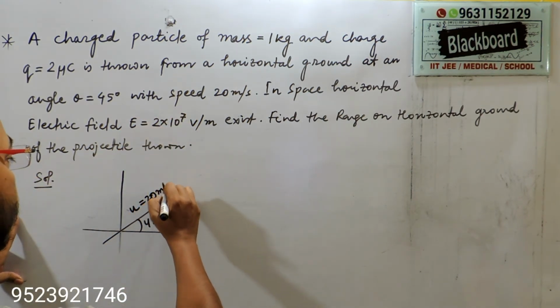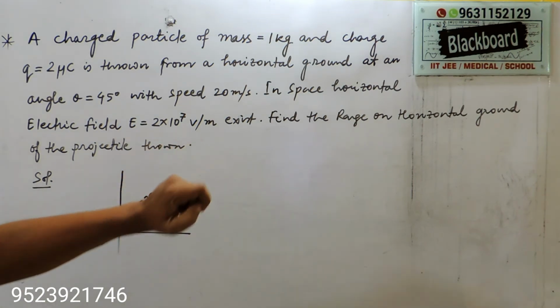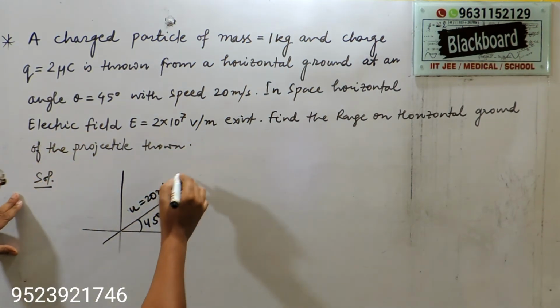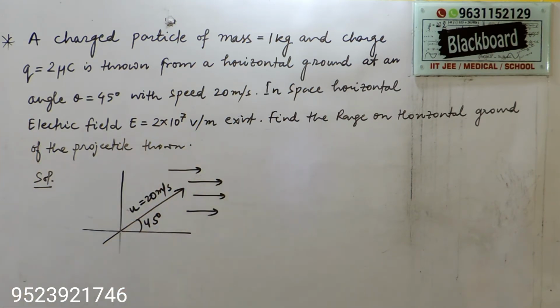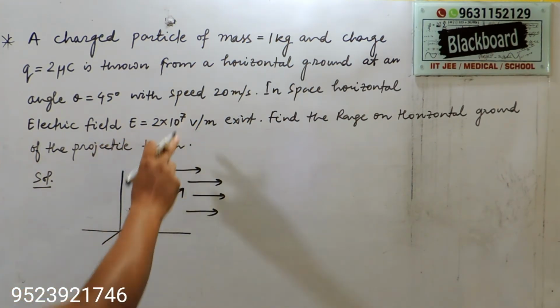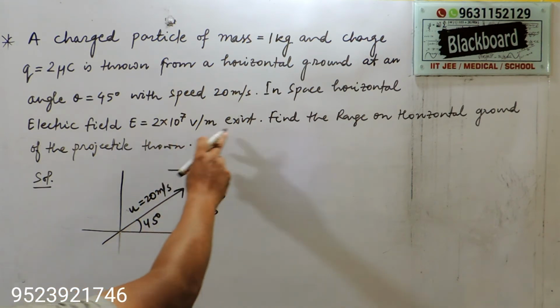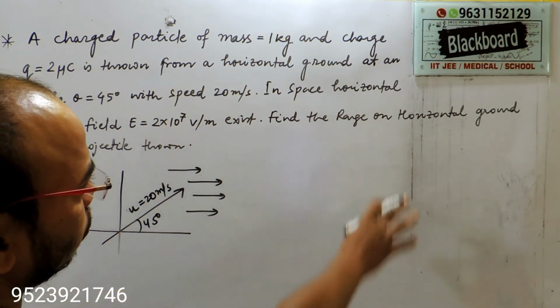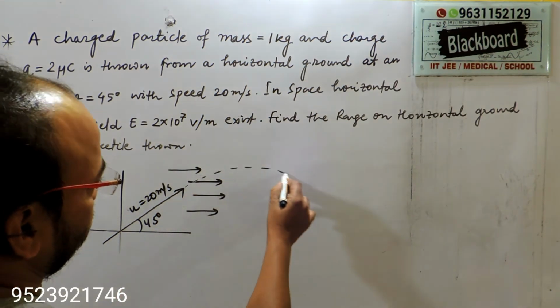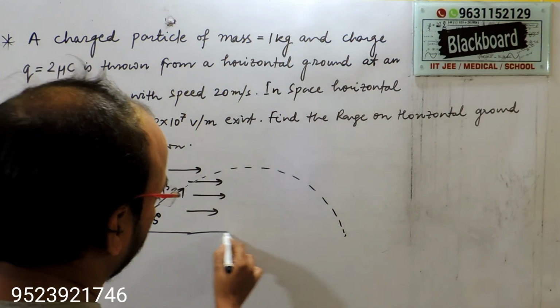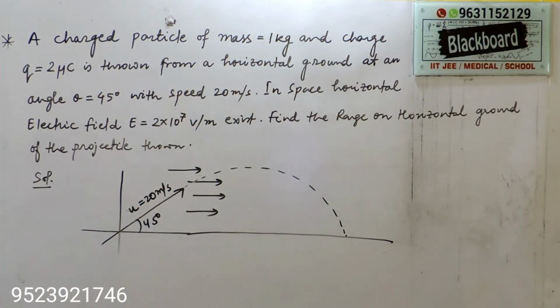In space, a horizontal electric field E equals 2 into 10 to the power 7 volt per meter exists. Find the range on the horizontal ground of the projectile thrown. That means you have to find the range of this particle due to this electric field.